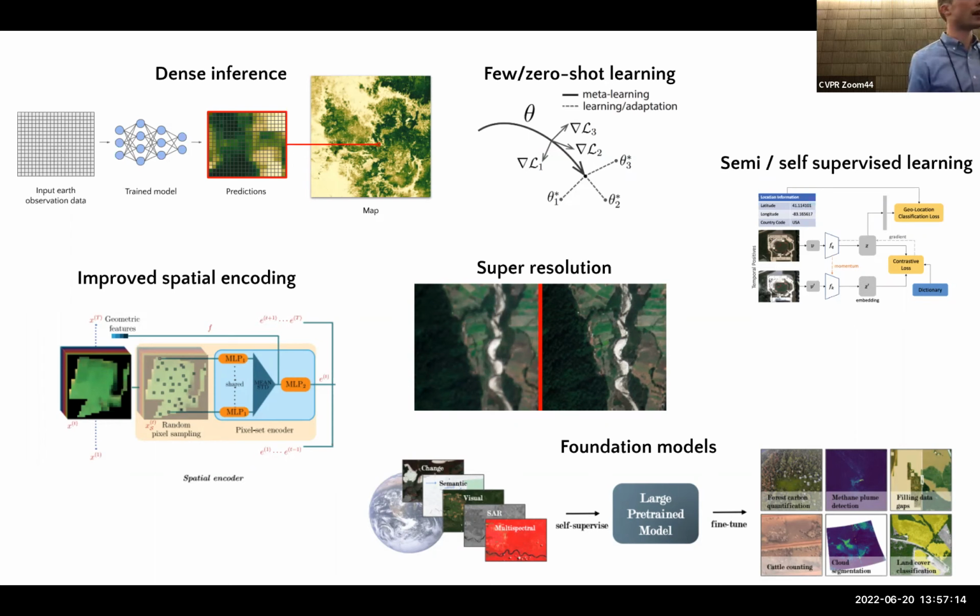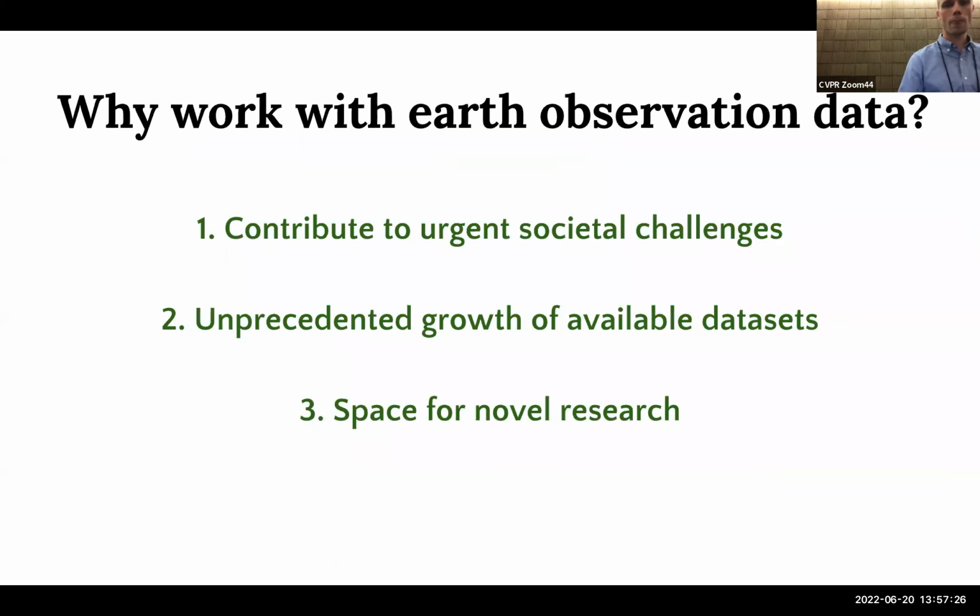So actually using the entire image is an active area of research. And then foundation models. There's so much data out there that there's really space for large foundation models to be built now. So these are the three reasons you have the ability to contribute to urgent societal challenges. There's so much data available now, and there's space for all these novel research areas.